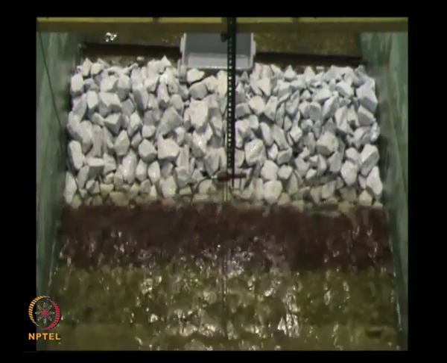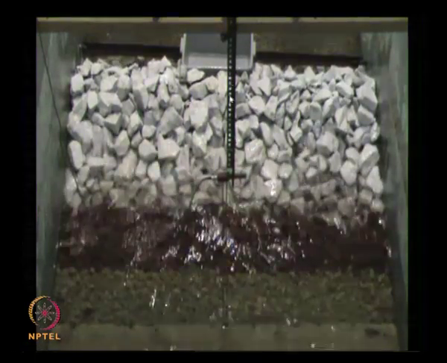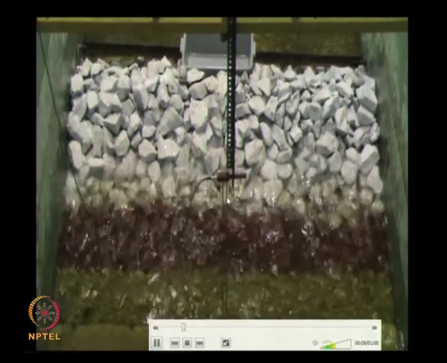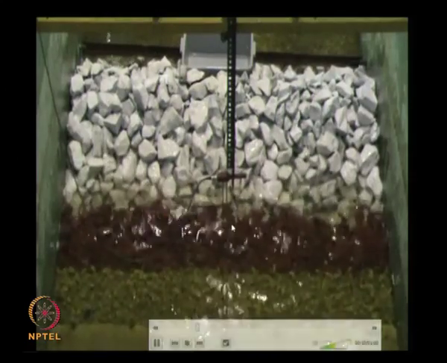Random waves have different wave heights and wave periods. Here you have a wave probe which is used to measure the waves, and on the lee side also we measure the waves. This is the wave probe, and this is a frame, a probe which is sensing the wave.